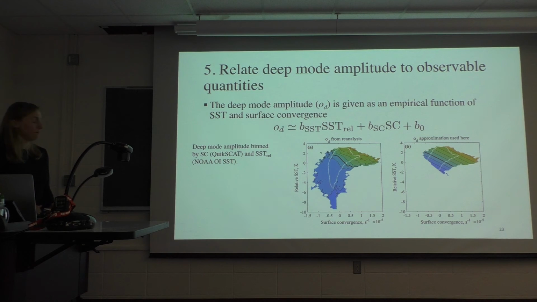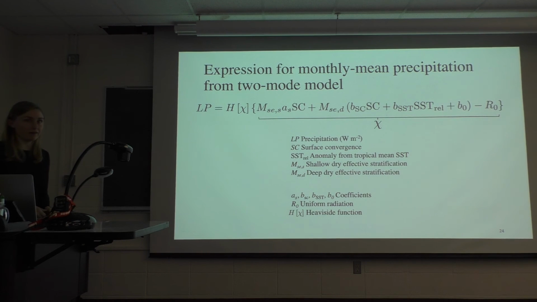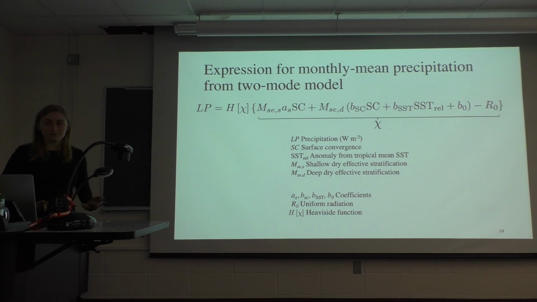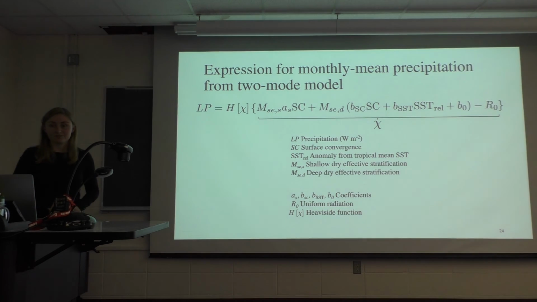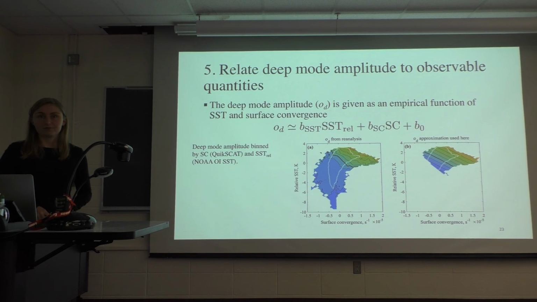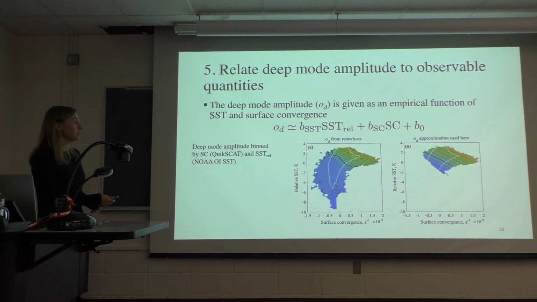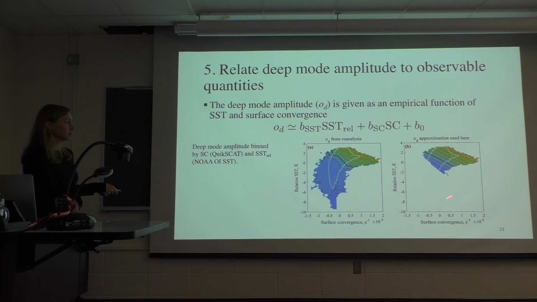And the model just doesn't have as many lower SSTs? Why don't you capture that? Oh, down here? Yeah, we blanked out the regions that would lead to negative precip, based on the radiation term and the other things in our budget.